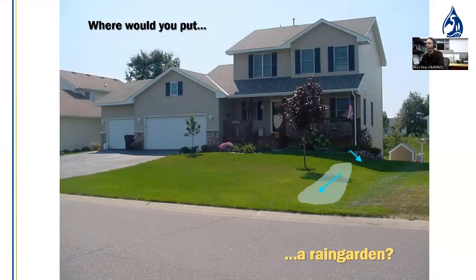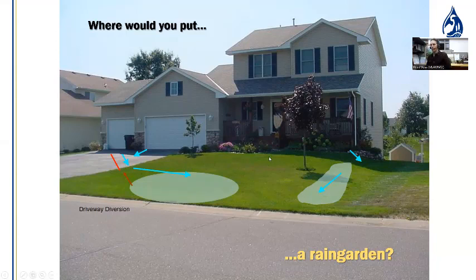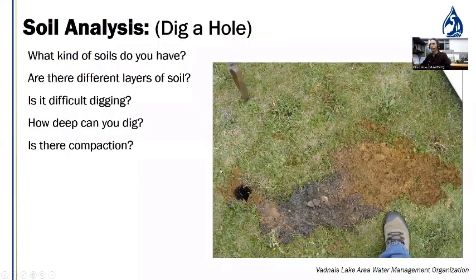This would be a great spot for a rain garden, or that would be a great spot. But your use of the yard matters too. Do you want to have this kind of open space for kids to play on, or are you just going to have the playtime be the backyard? That's the kind of question.